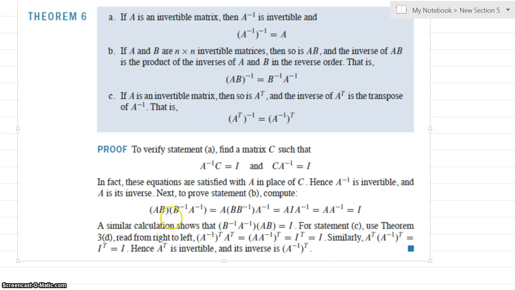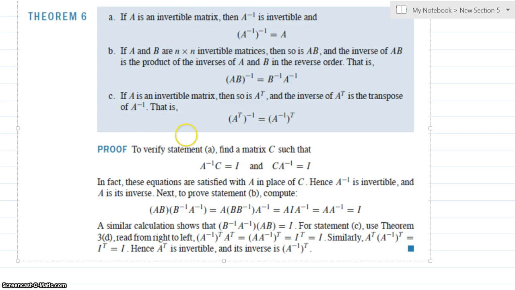And notice how if you rearrange and put the parentheses here, this is just an I because B is invertible. So it's an I, so that just goes away, giving us this, which is an I. It works. A similar calculation can be shown the other way around.